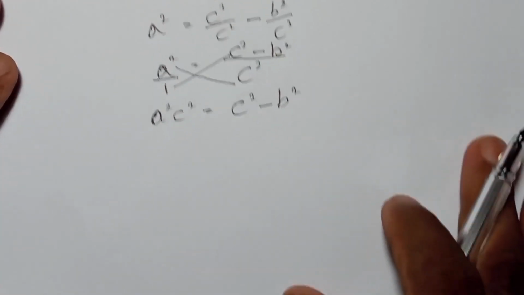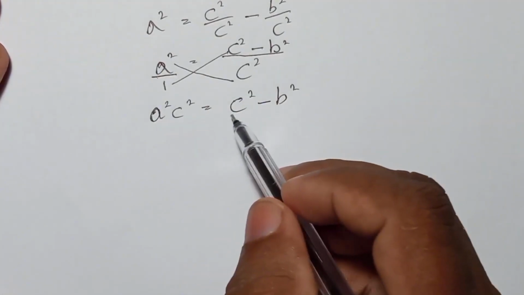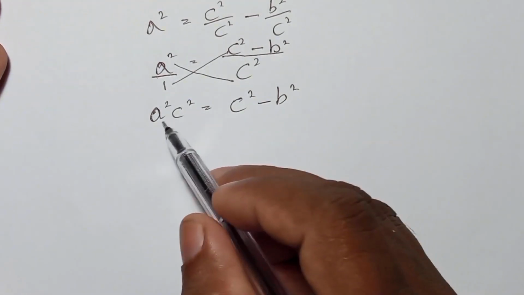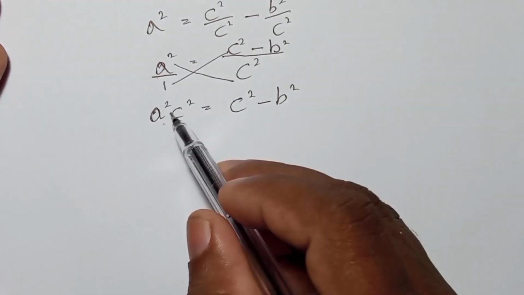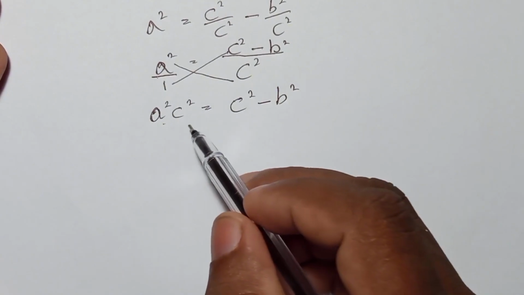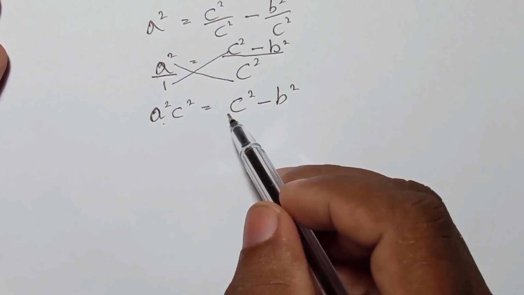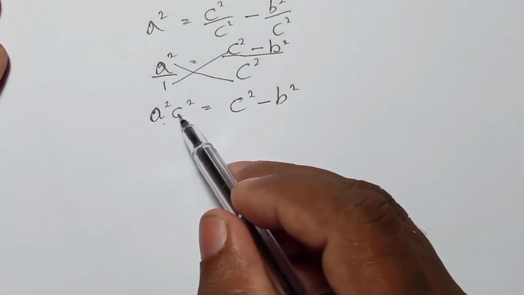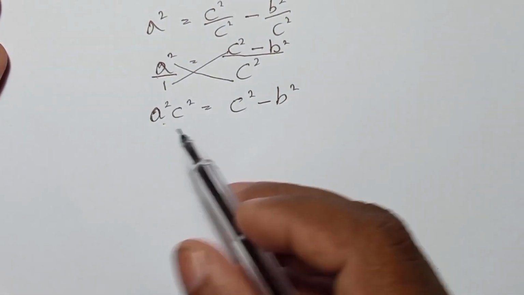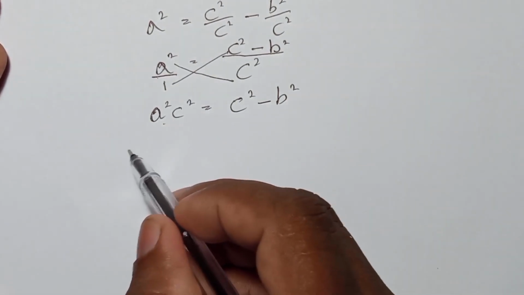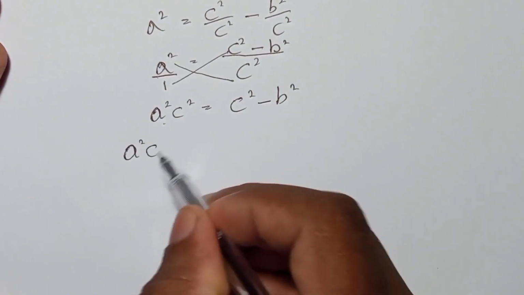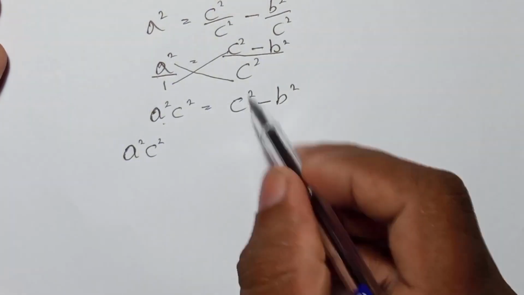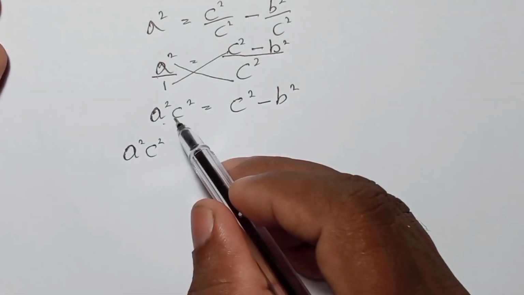Now we need to make C the subject. C is in two places. So what we have to do is get the terms which have C into one place. So what I will do here, A square and C square keep here, and this C square to this side. I can do that way.